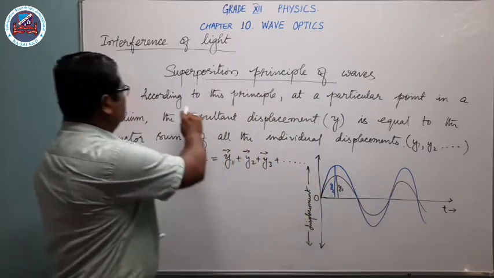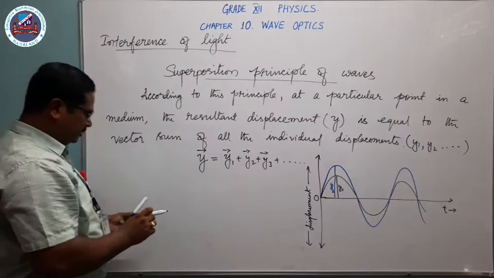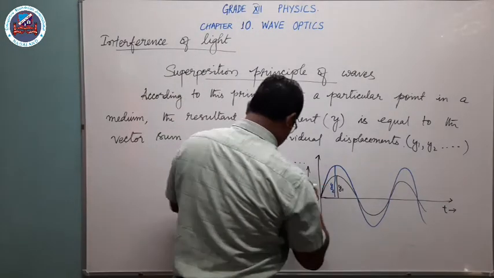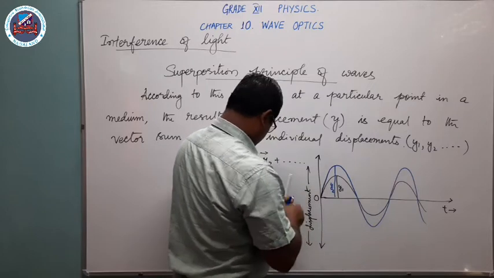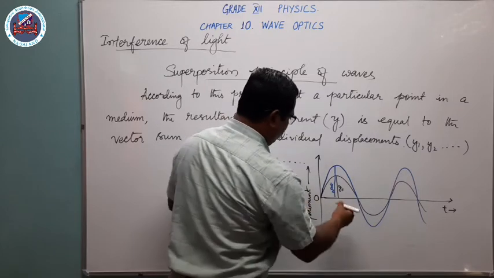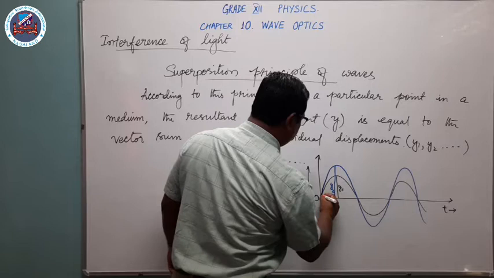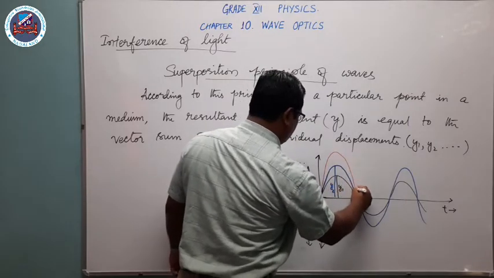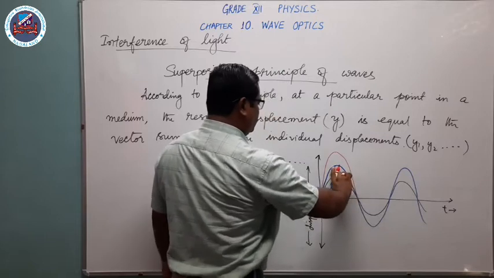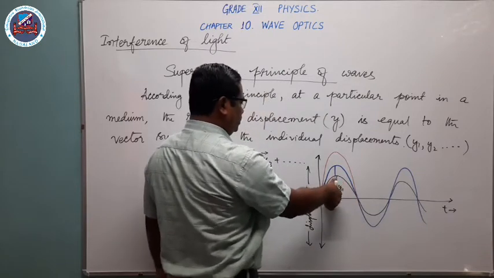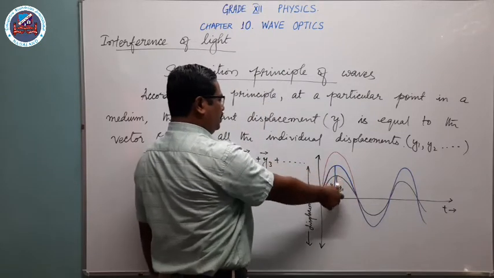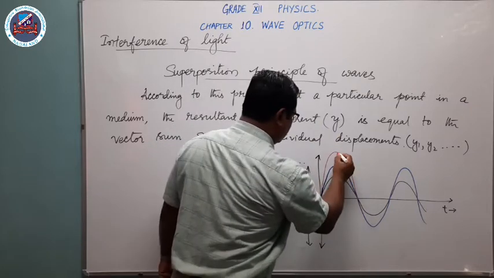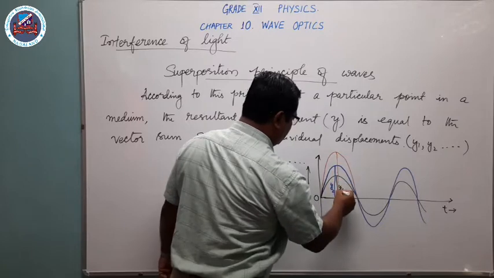Then the principle says that the sum total of y1 and y2 will be bigger. y1 is 1 centimeter, y2 is 2 centimeter, and 1 plus 2 will become 3 centimeter. So that will give us the resultant.